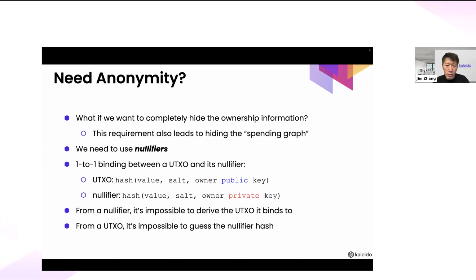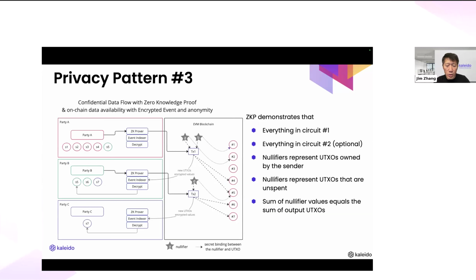Only the sender will have the private key, so no one else can generate the nullifier. And because of the one-to-one binding between the public key and the private key, we have achieved the one-to-one binding between the UTXO and nullifier. So this is what the flow looks like for this use case.